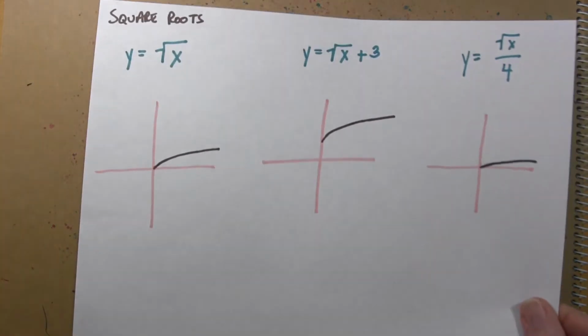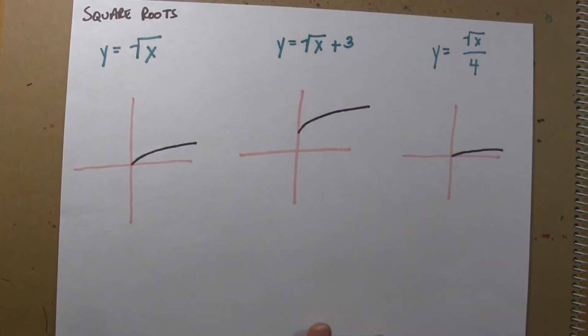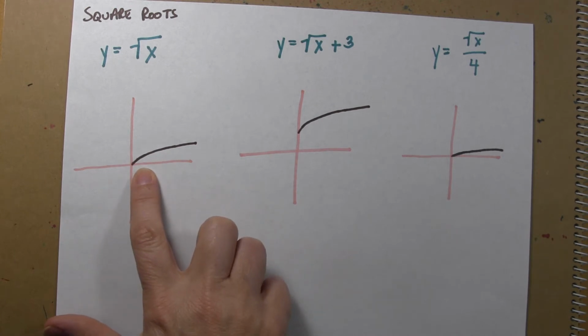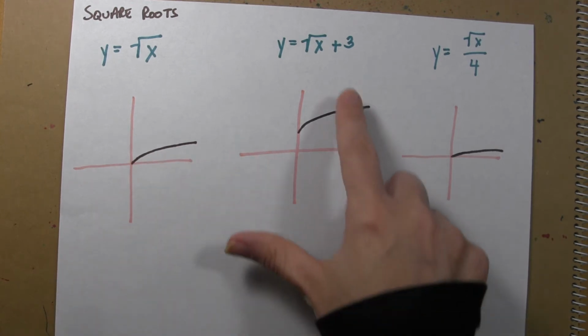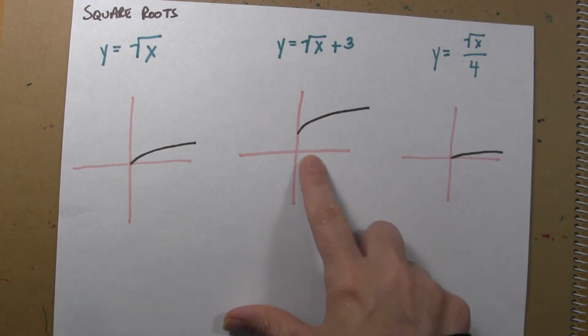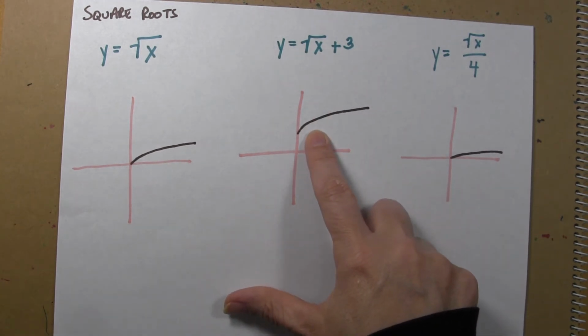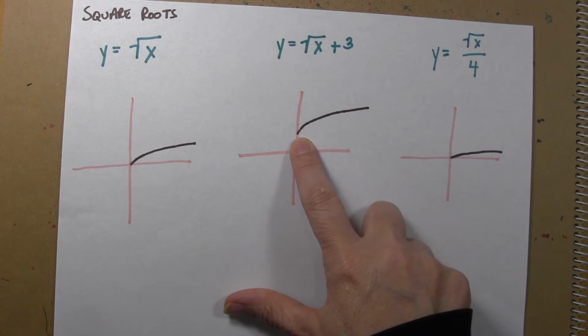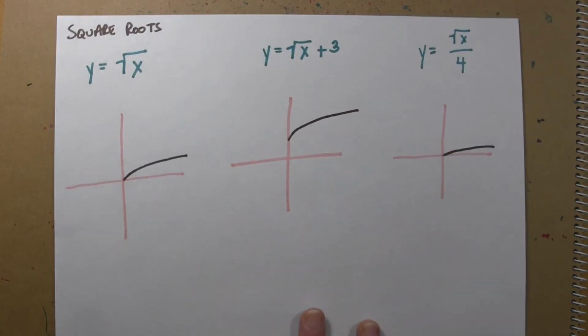Okay, let's take a look at some square root examples. So square roots, we said, were going to be this little curve. And you can see that even if I add 3 to it, I still get that curve. It touches a different spot on the y-axis, that is true, but that's what it is.